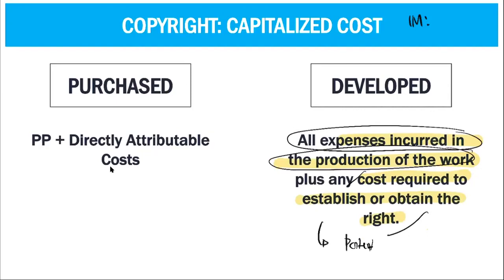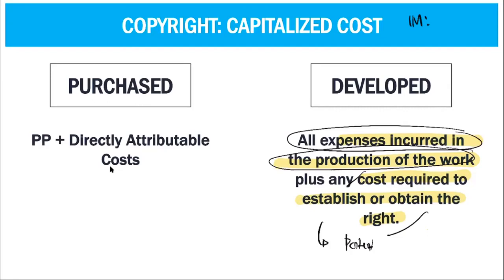So why do we need to include the expenses incurred in the production of the work unlike in your patent? Because in your patent, there is a possibility that it will be denied. However, in a copyright, normally, if there is a new textbook, it cannot be denied because almost all of works that is artistic related is always a new work.